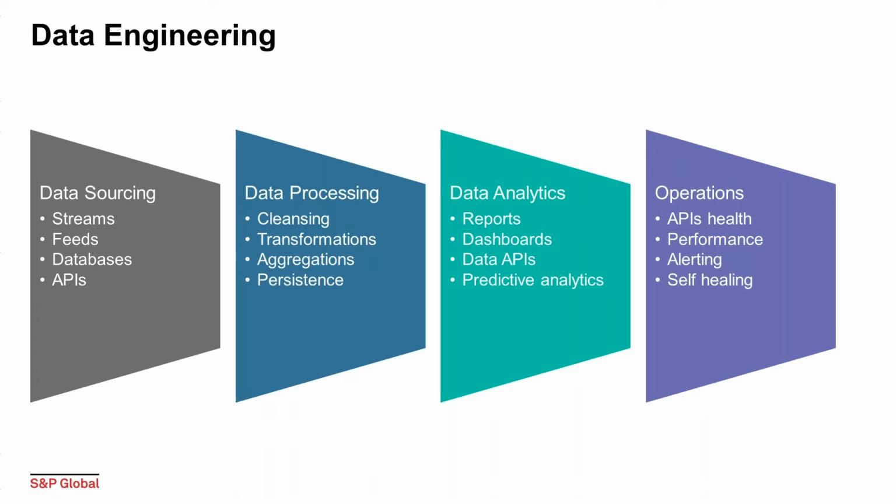Then the other part is building data analytics, right? So this covers the internal reporting around the data and building dashboards for decision making, building APIs like we talked about, and predictive analytics. This is an important one, and again, relevant for data intelligence, right? So data engineers themselves may not be data scientists.